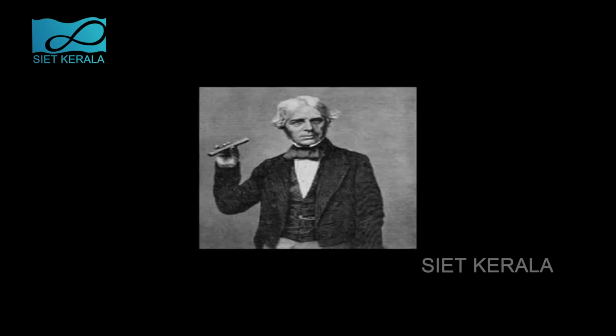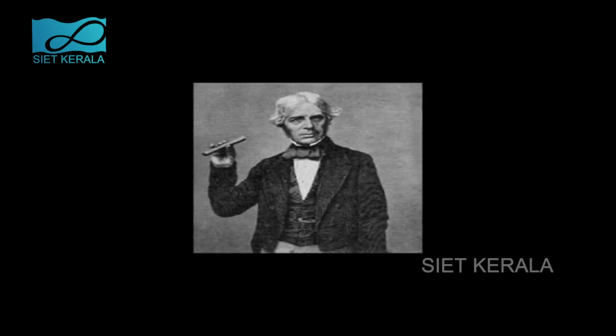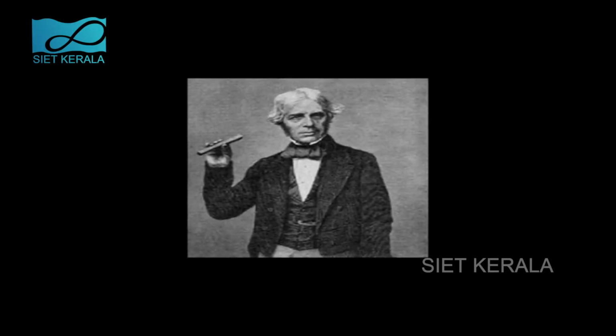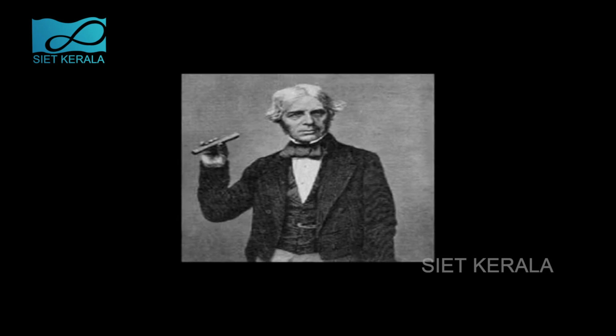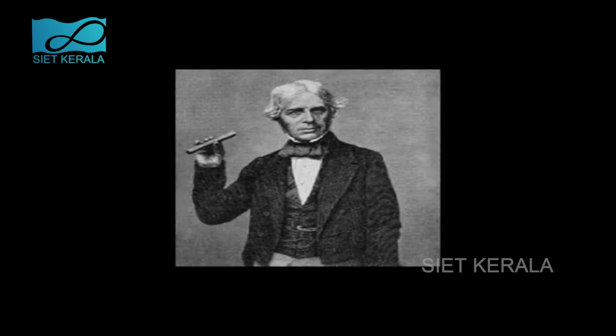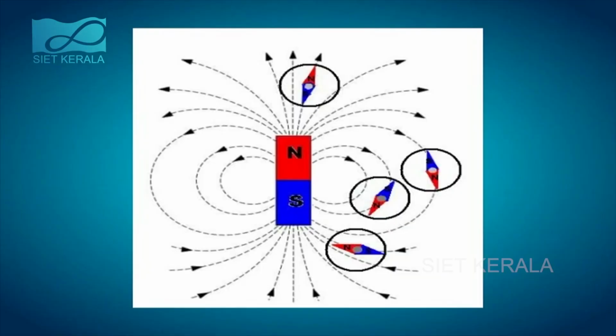These experiments form the basis of modern electromagnetic technology. Electromagnetism is one of the four fundamental interactions of nature. The other three are the strong interaction, the weak interaction, and gravitation.